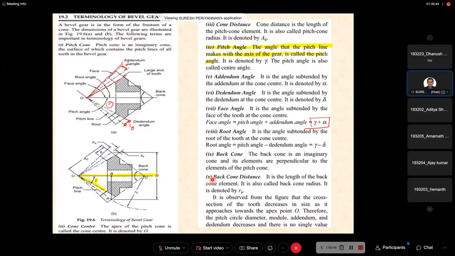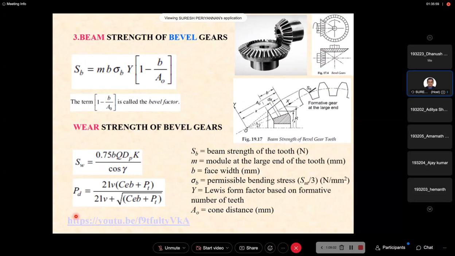And backbone distance is this, A0, from this point to this point. The length of the backbone element is called backbone radius. See here, from this point to this point, extend this line. This is the formula.